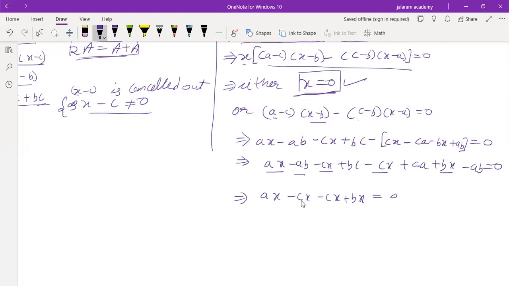Minus ab becomes plus ab, plus bc becomes minus bc, and ca becomes minus ca.